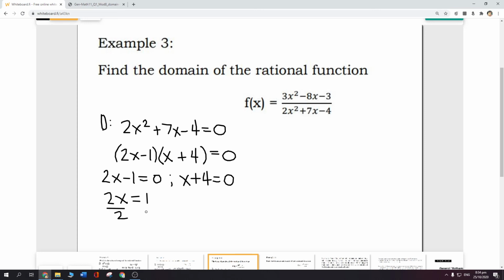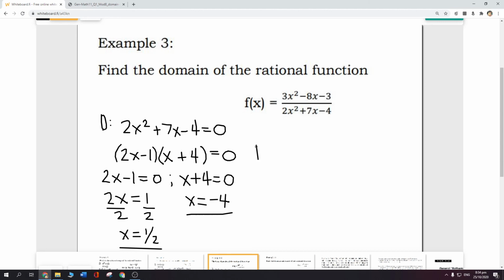Divide by 2. We have x equals 1 half. On the other hand, we have x plus 4, therefore we have to transpose 4 to the right side and it becomes negative 4. So we have two values for x, 1 half and negative 4.